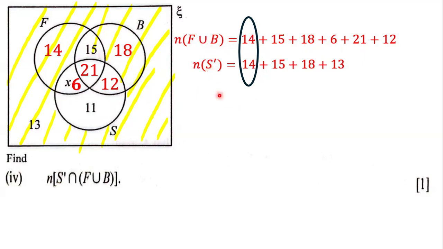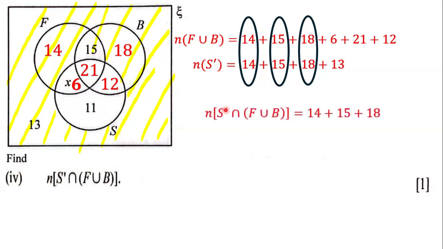Same thing with 15. 15 is in the union, and 15 is also in the complement of S. Same thing with 18. 18 is in the union of F and B, but 18 is also in the complement of S. So 18, 15, and 14 are in both F union B and S complement.